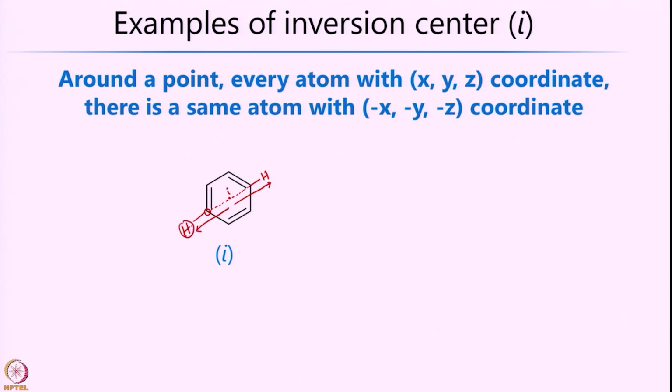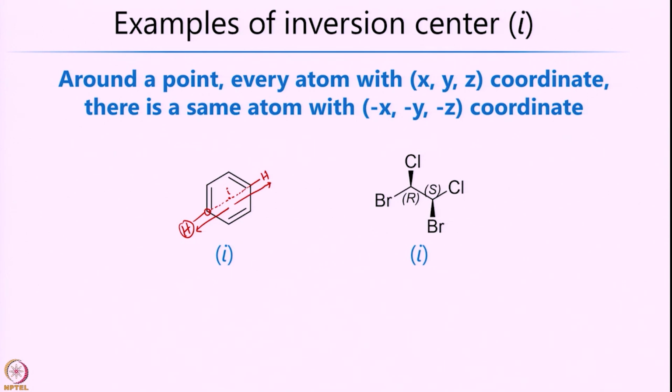So you can do the same exercise for all the different kinds of atoms present in the molecule, and that would lead you to a center of inversion in benzene, which is at the centroid of this hexagon.